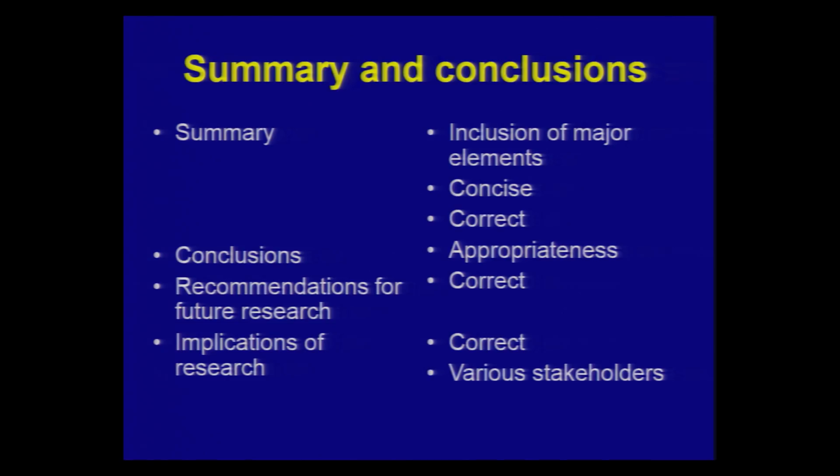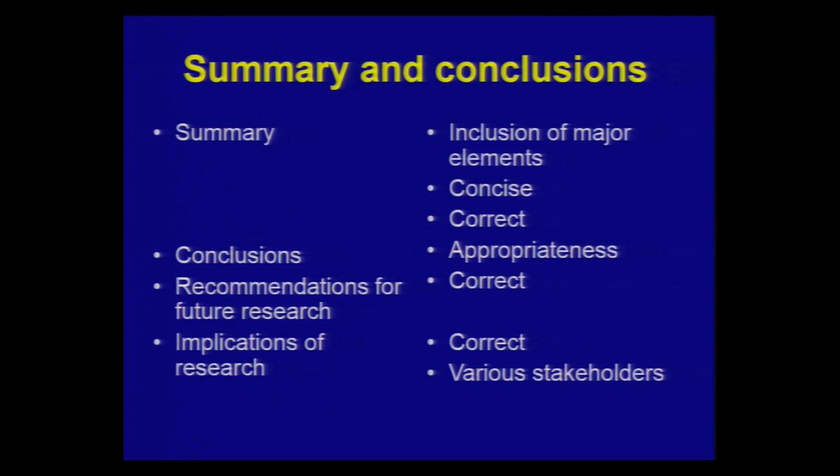Then when it comes to recommendations and implications, correctness is one of the parameters against which the report needs to be evaluated, and one needs to evaluate the implications of research also in terms of whether the implications of research have been discussed keeping in view the various stakeholders.